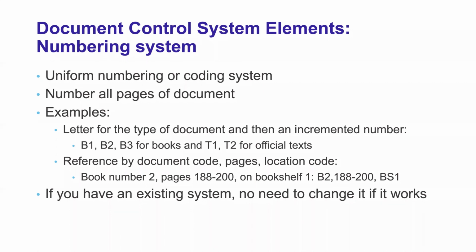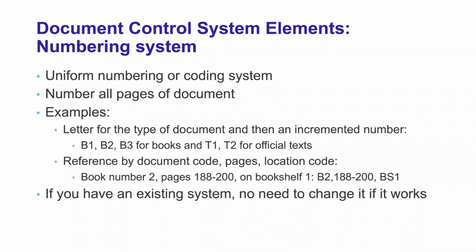One way to do it would be to use a letter for the type of document and then an incremented number. So for books, you might use a letter B as the first part of the code, and then each subsequent book is numbered 1, 2, and 3. For official text, you could use T, and then essentially you reference the document by the code, the pages, and the location.